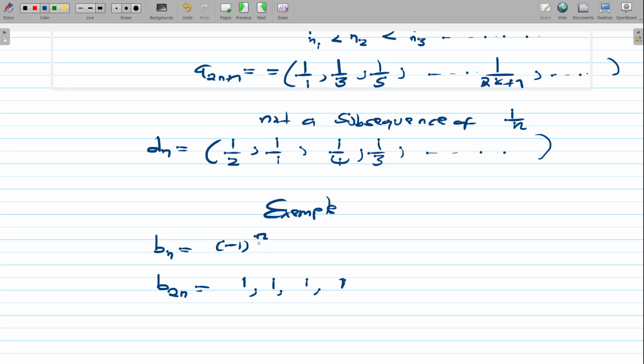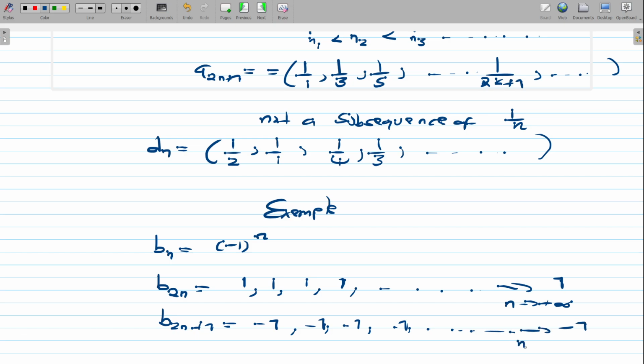So if you plug in any even number here for n, you basically get 1s, and then this sequence continues. And then this goes to 1 as n goes to infinity. And then we can extract another subsequence, which is b sub 2n plus 1, which is going to have -1, -1, -1, -1, and then all the other terms. So this is going to go to -1 as n goes to positive infinity.